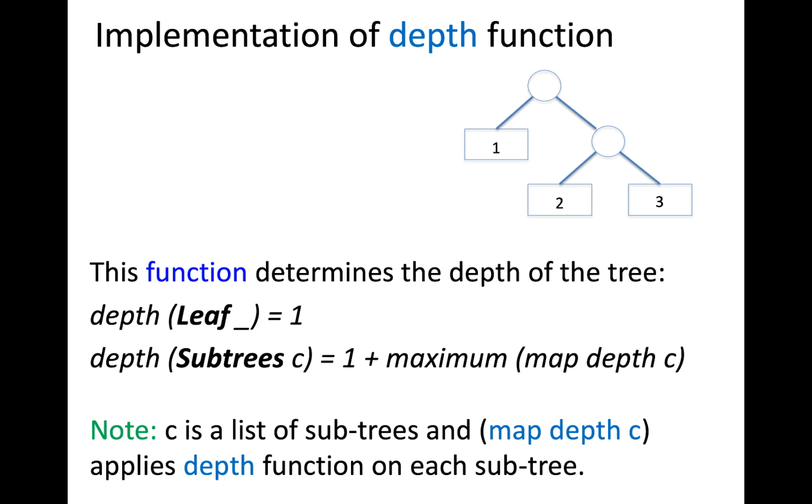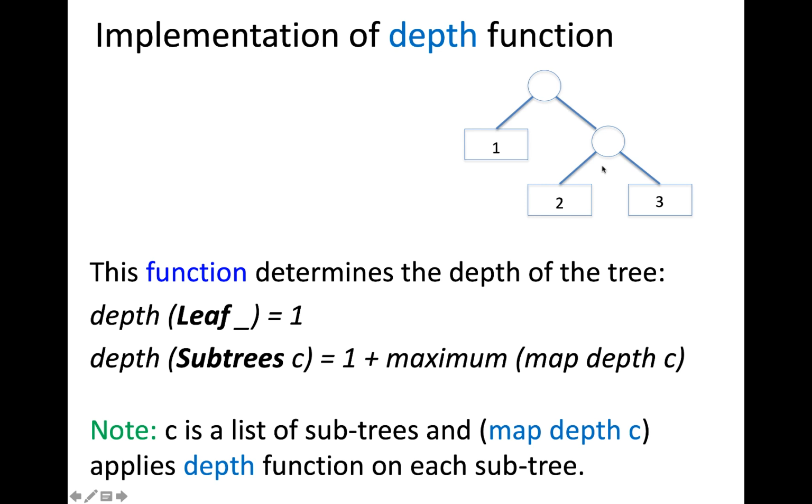Okay, so in this figure, say if the input to this depth function is just this node, that means it's a leaf node, then the depth will be 1. If the input to this depth function is this whole tree, then the depth will be first calculating the subtree depth, which is 1, right?